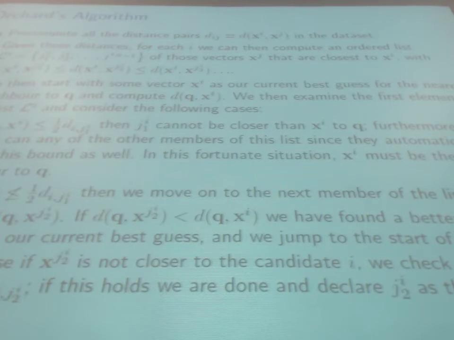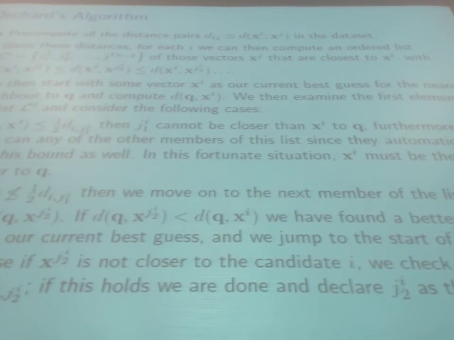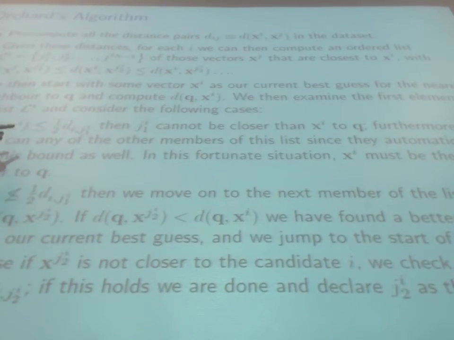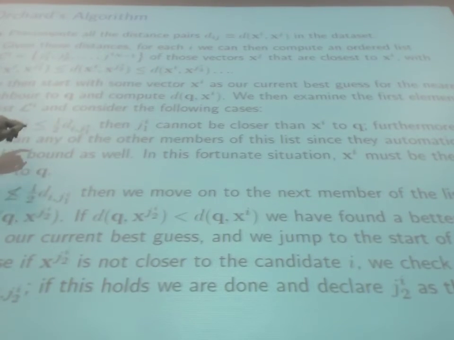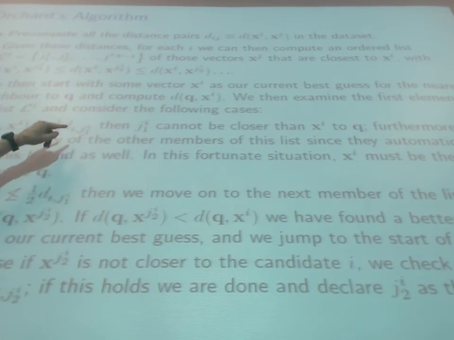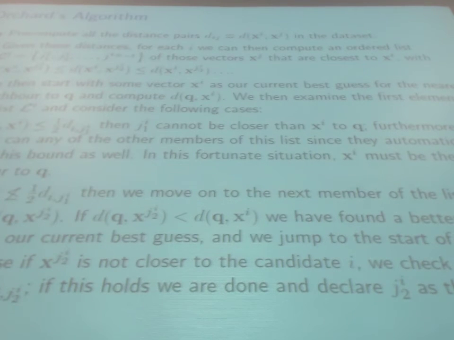You calculate the distance between q and xi, you actually compute this thing. Now, from before, we know that if the distance between q and xi is less than half the distance between xi and the first one in the list, then this one in the list cannot be closer to q than xi is.